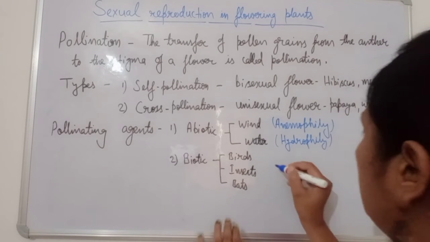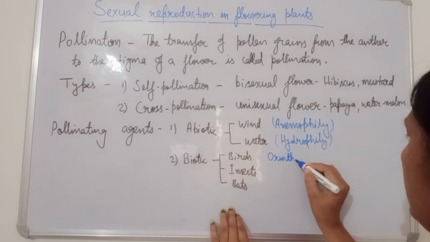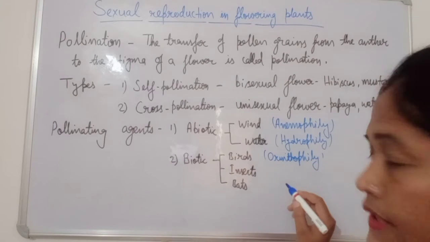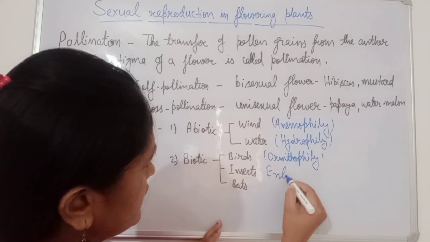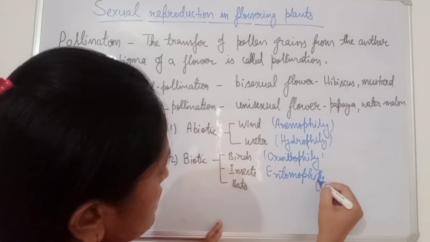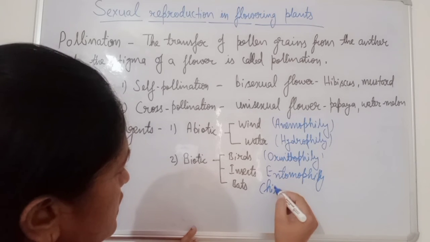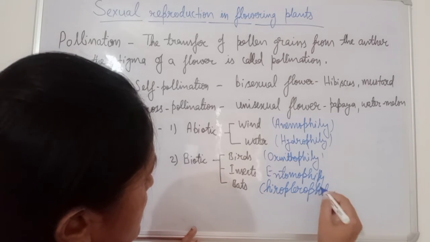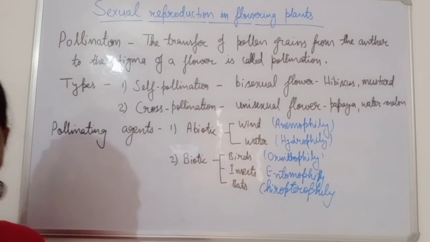For birds, ornithophily. For insects, entomophily. And for bats, chiropterophily. These are the pollinating agents.